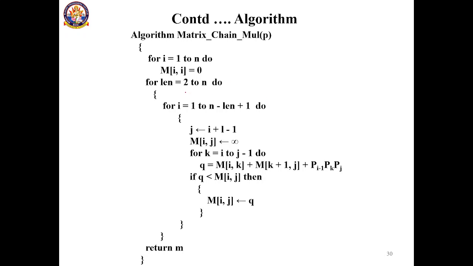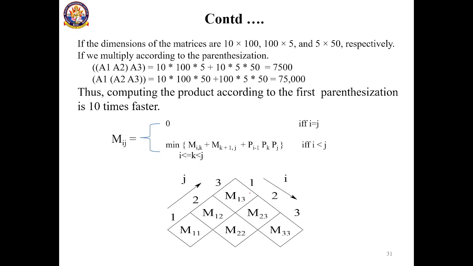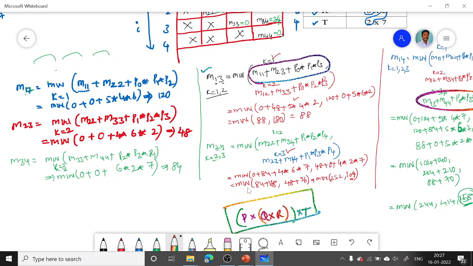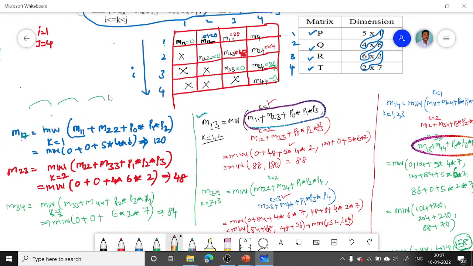Why are we considering this length? In our table, we are not willing to fill these things, so this is ignored. The reason is, if the i value is the same as j, we consider it as 0. If i is less than j, then we calculate.